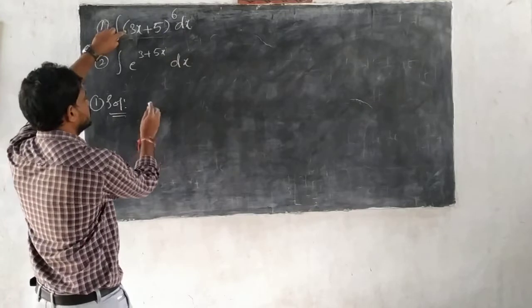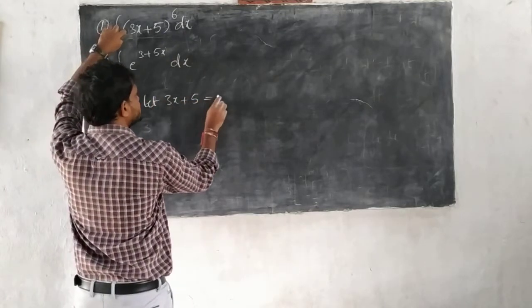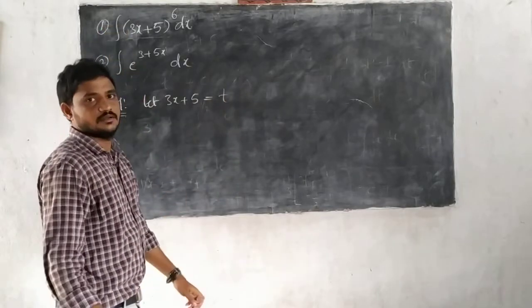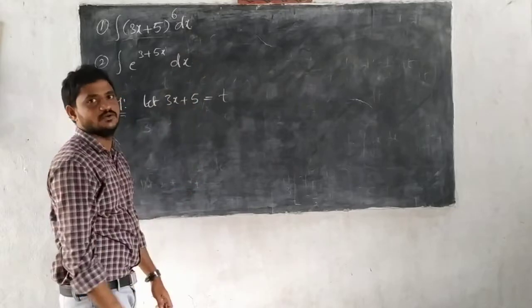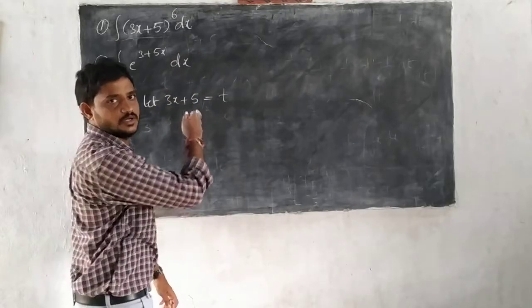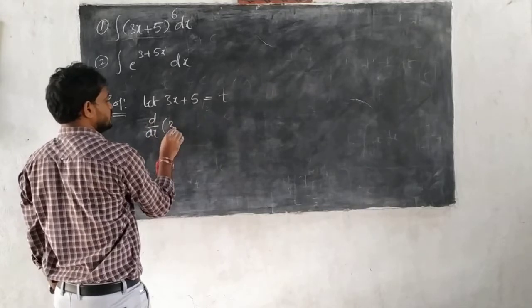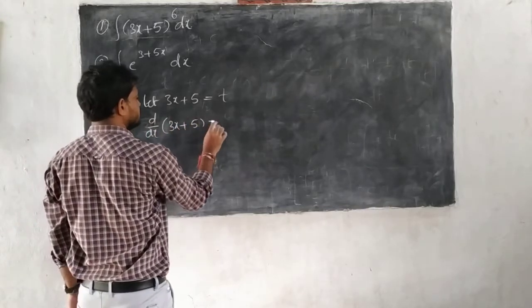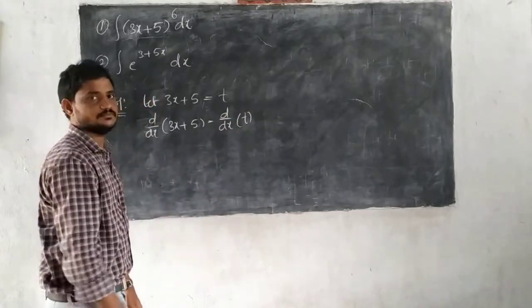First, let 3x plus 5 equal t. Then we have to find the dx value. So differentiate the function. d by dx of (3x plus 5) is equal to d by dx of t.